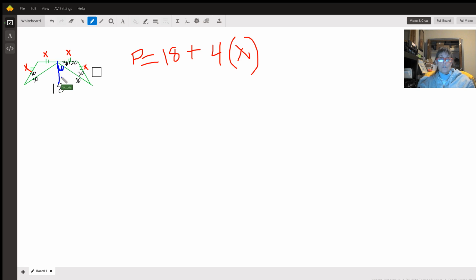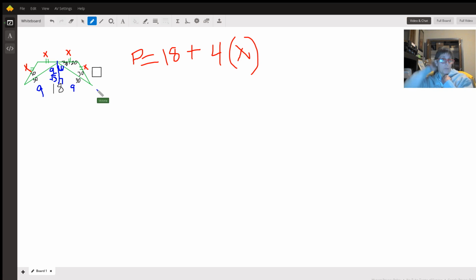This is a 30, 60, 90 special right triangle. This side is 9. This side is 9. So this is the long side. So the short side is 9 divided by the square root of 3. And the hypotenuse is twice that. It's 18 over the square root of 3, but we don't really need this. It's not going to help us.